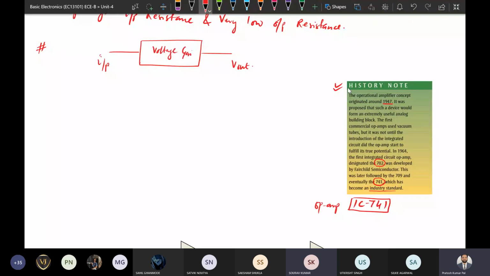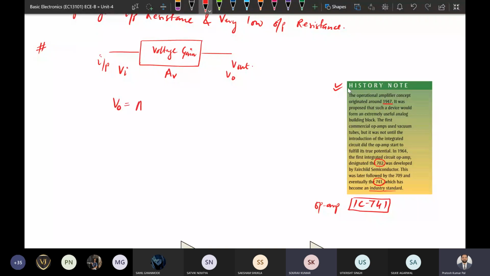This is V input and this is V output, and the gain is represented by A V. A is for gain and V for voltage gain. So V output will be the gain multiplied by the V input.